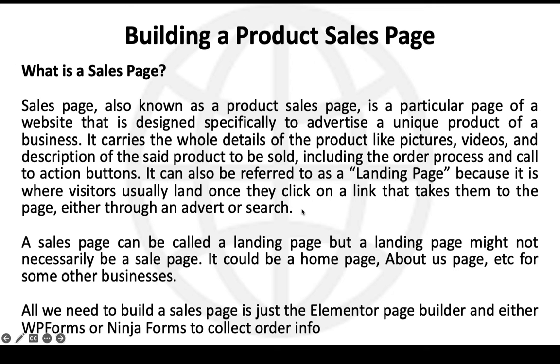And what is the essence of the form builder? It's just that we are using it to get our customers' information. So whenever they visit our website, we'll be able to get their contact details, in order for us to follow up with their orders. So that's the main reason we need a form builder.